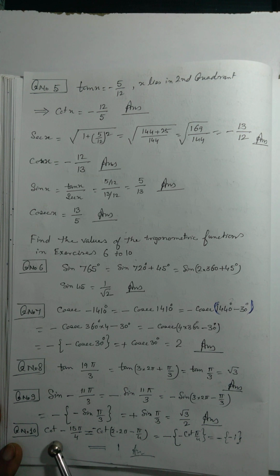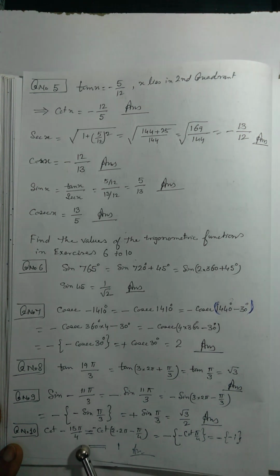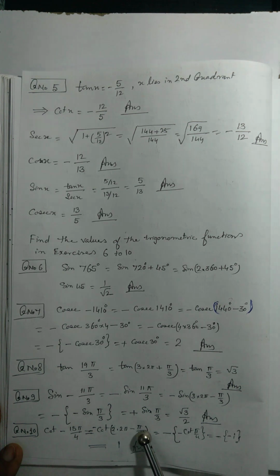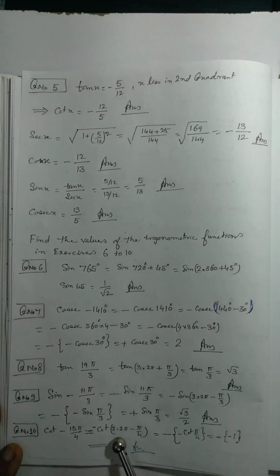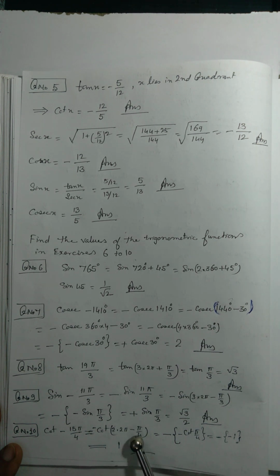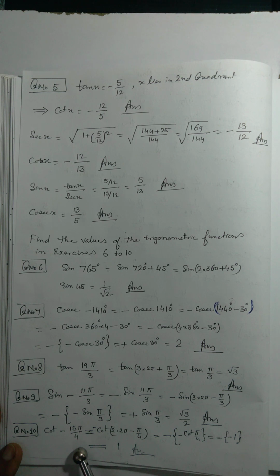Now come to the last question, that is question number 10. Cot minus 15 pi by 4, that will be equal to minus cot 2 into 2 pi minus pi by 4, means 4 into 4 is 16 pi minus pi by 4, you will get the minus 15 pi by 4.